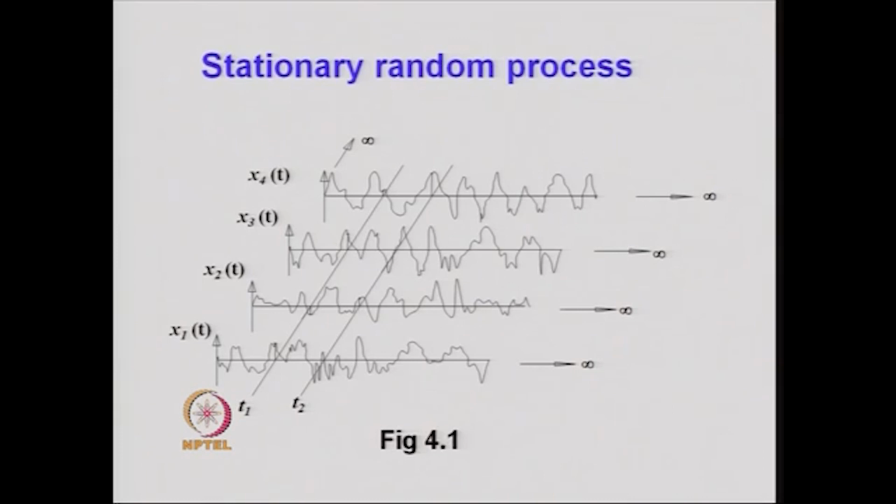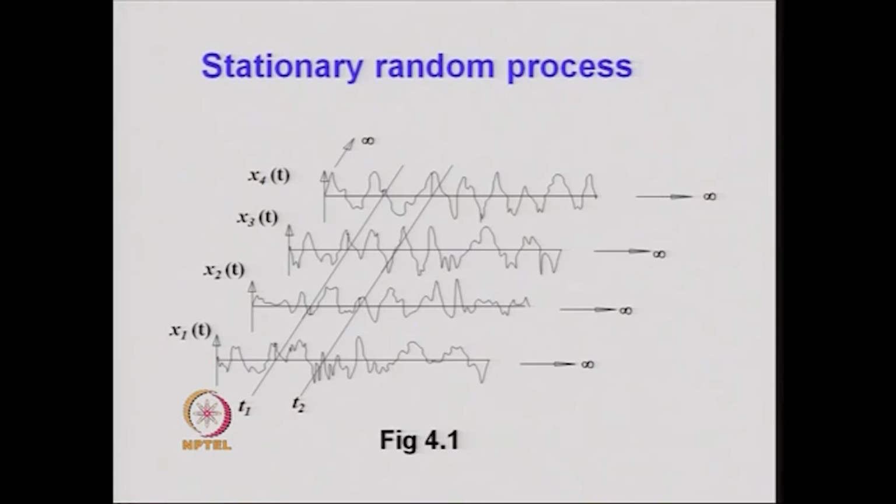In order to describe a random process, you must have a number of earthquake records or time histories of the particular variable. These kinds of variables are called parametered random variables. For example, x(t) over here is a parametered random variable.